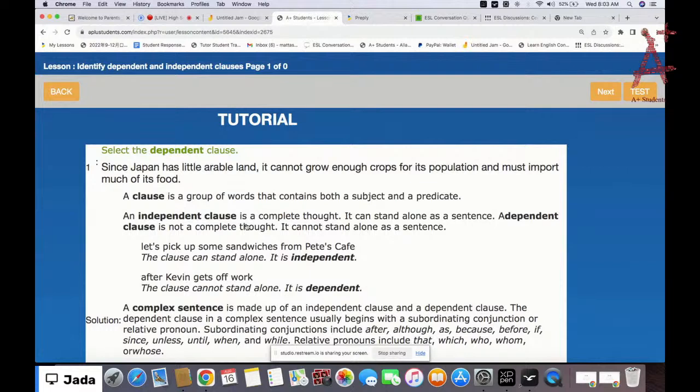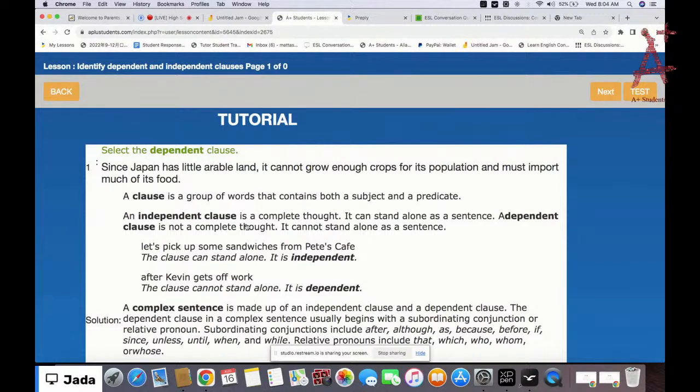Okay, so then we have the independent clause and the dependent clause. First of all, an independent clause is a complete thought. That means the sentence is complete and it makes sense, and it can stand alone as a sentence.